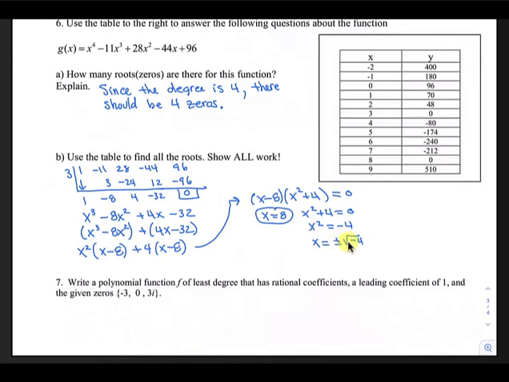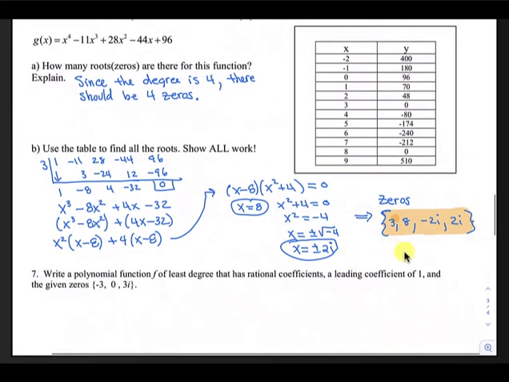So we're taking the square root of negative 4, and that means the i is going to come out, so that's going to be x is equal to plus or minus 2i. And then writing all of our zeros would be the positive 3 from the table, the 8 that we got here, also from the table, and then the last two imaginary roots. That's negative 2i and positive 2i.